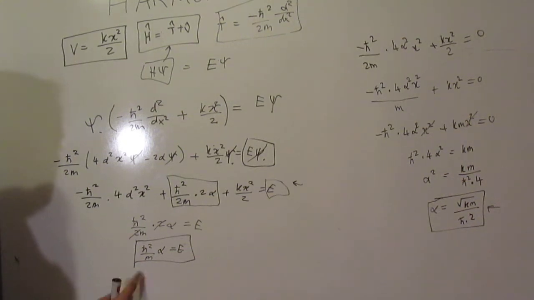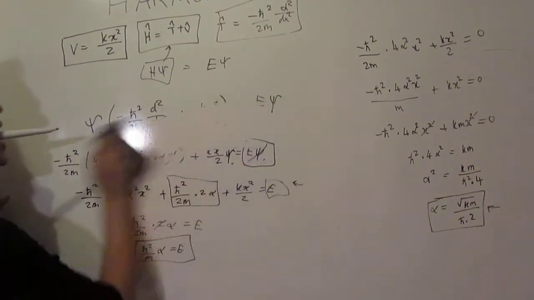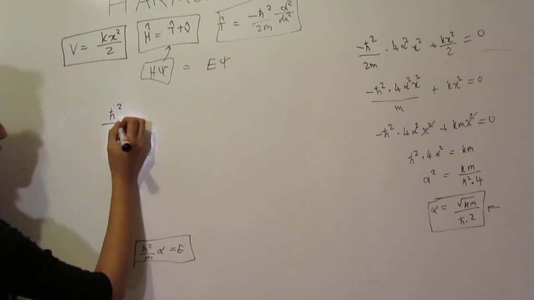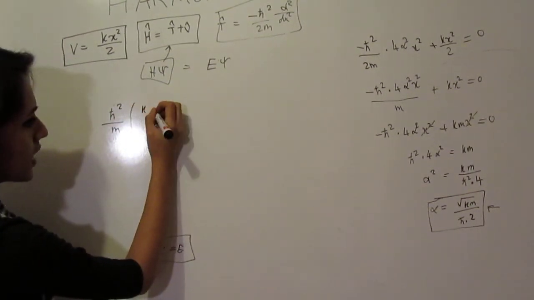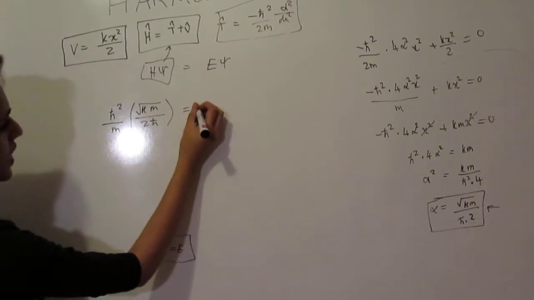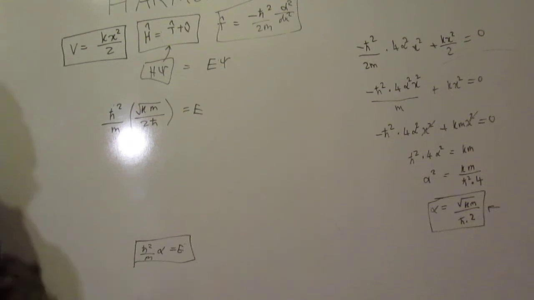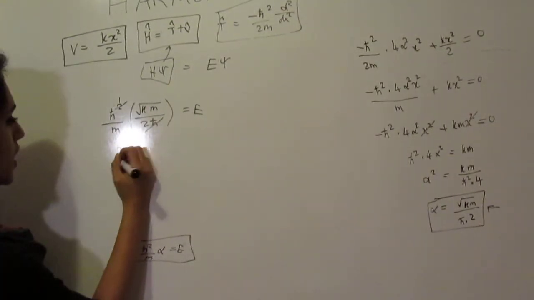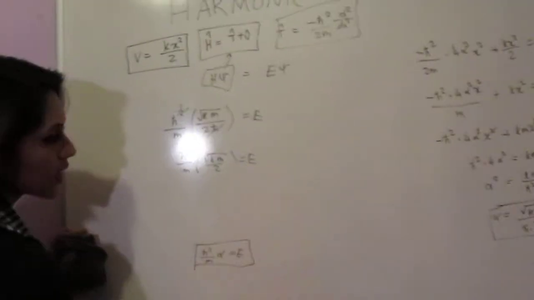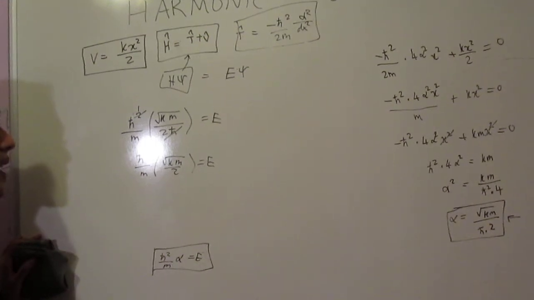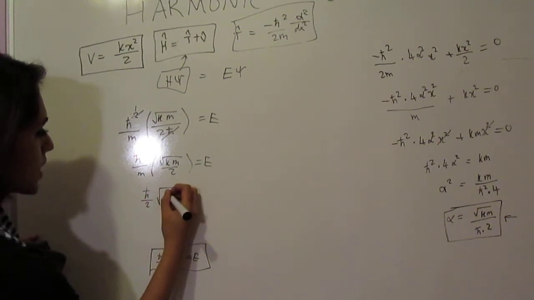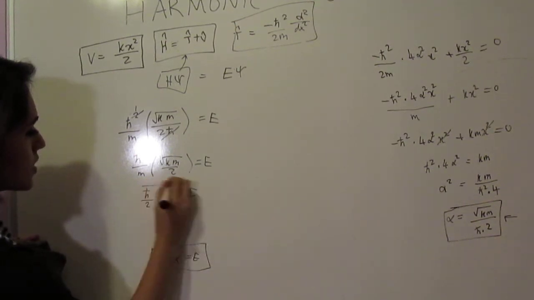That will be h bar squared over m times alpha, which is root k m over 2 h bar, and that's equal to E. It can simplify further because the h bars can cancel, so it's h bar over m times root k m over 2, and that's equal to E. And finally the root m over m can cancel, so we're left with h bar over 2 times root k over m equals E, and that's our energy.